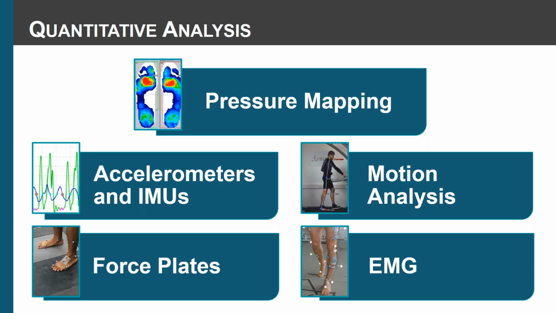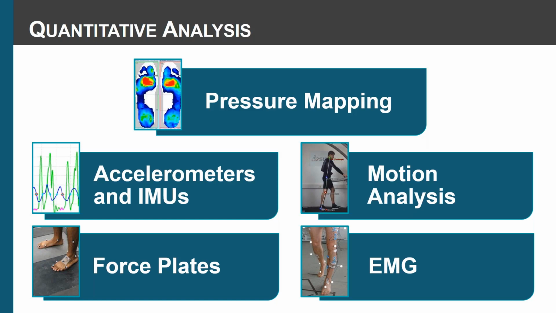Typically, these systems are more mobile than a force plate, and they're actually customizable in size as well, depending on what your needs are, which offers good flexibility to capture data in different environments and also to capture multiple foot strikes at a time in order to calculate other parameters such as the temporal spatial information as well.